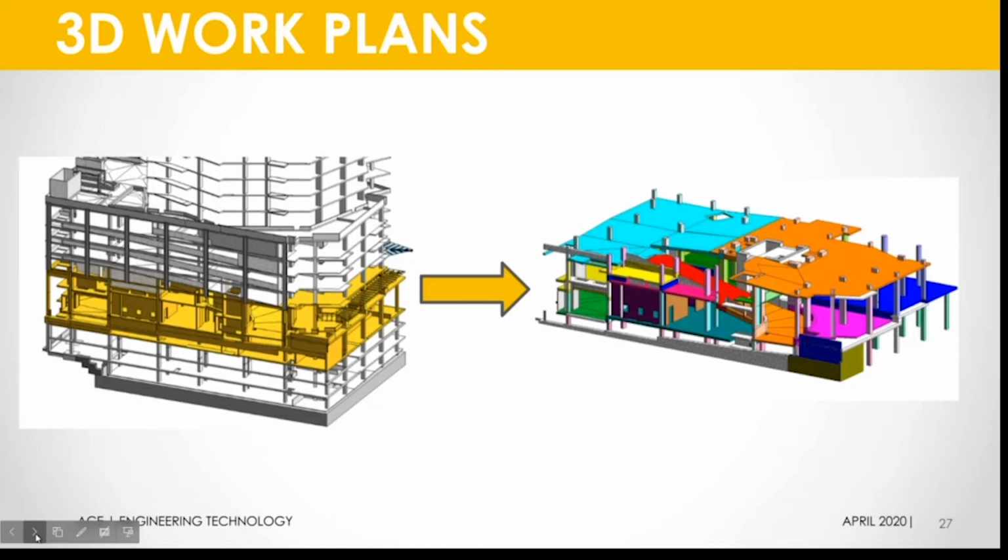We're taking this really complex couple levels of this tower structure where you have a parking ramp going in, you have a number of pieces interfacing with each other. And we're creating just a very simple color coordinated construction sequence just to be able to better show the order of how things are going to go together.